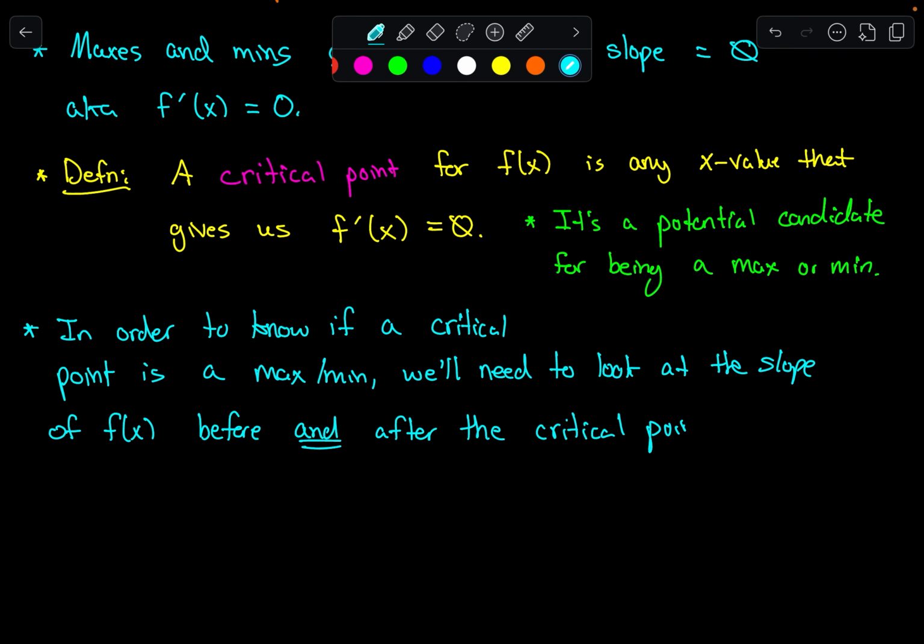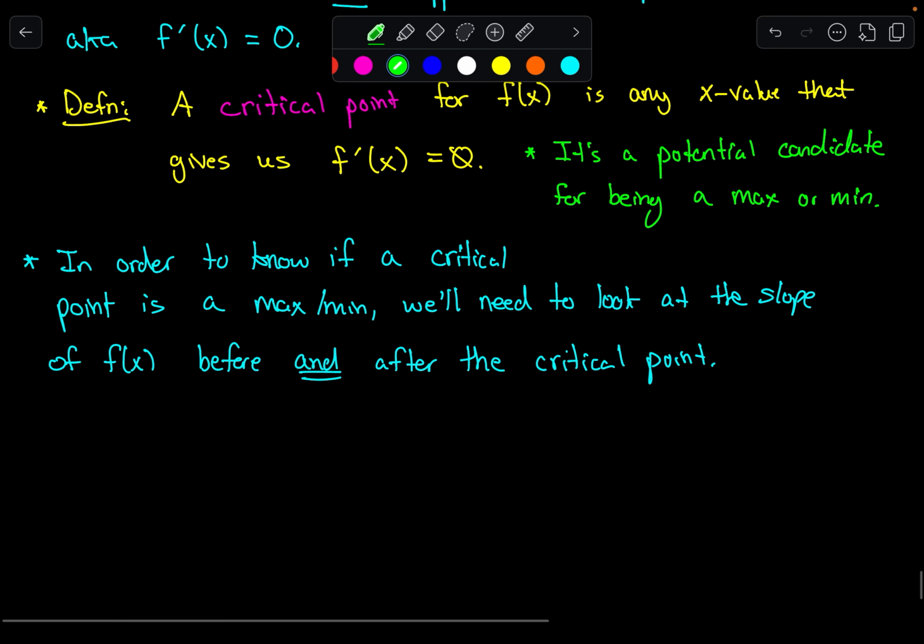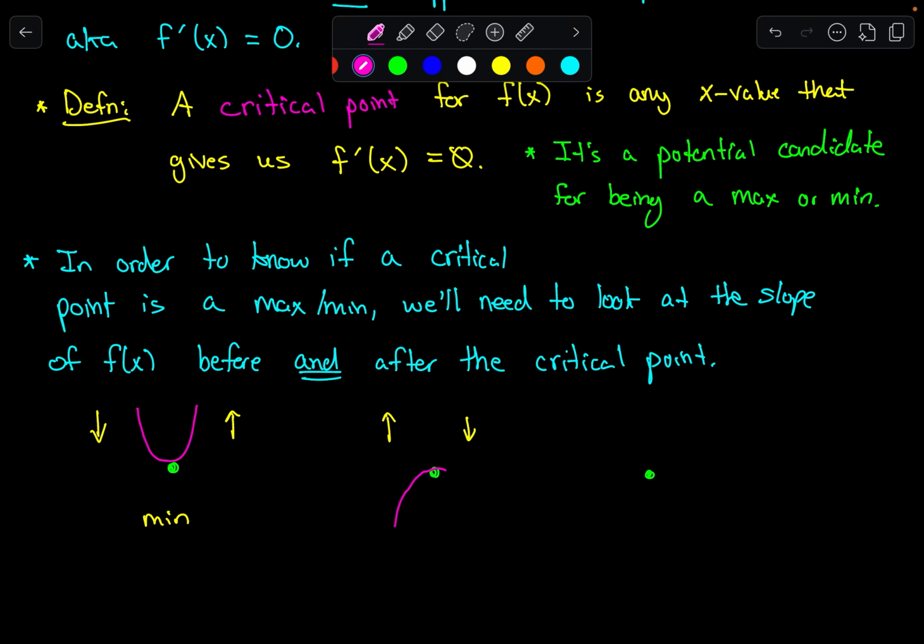There are essentially three cases with our critical points, which we already saw. Case 1: if the slope is going down beforehand and then up afterwards, our graph looks something like this, and we get what's called a minimum. Case 2: if the slope is going up beforehand and down afterwards, the graph looks like this, and we get a maximum.